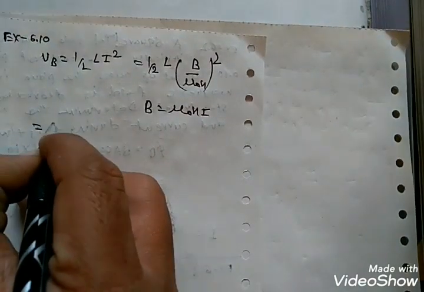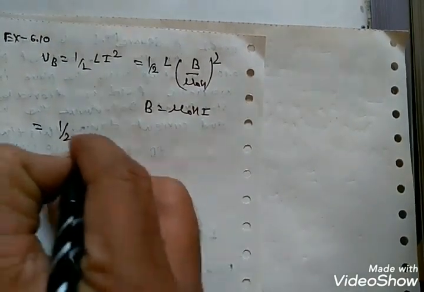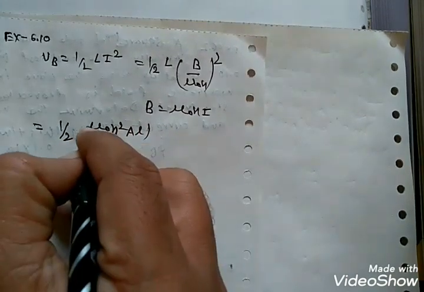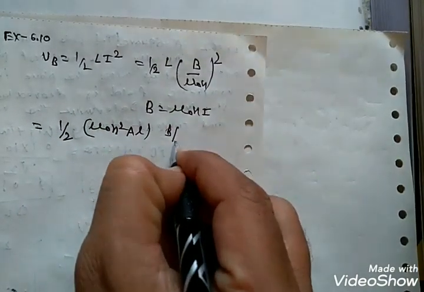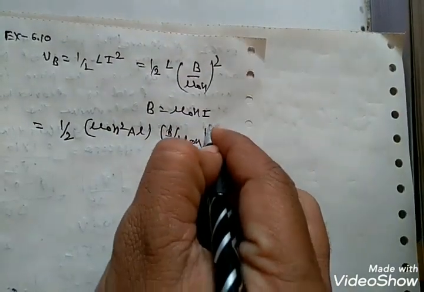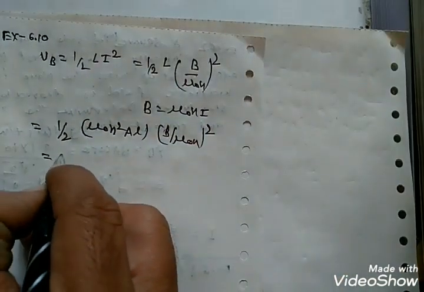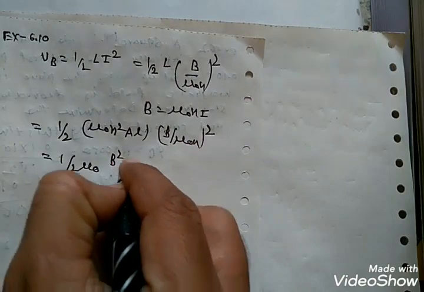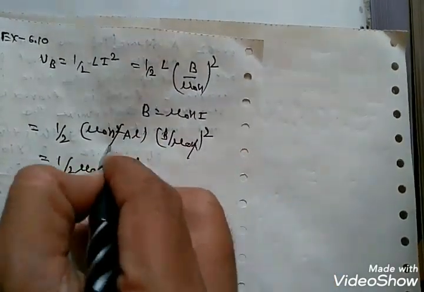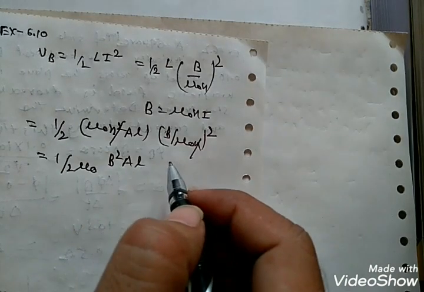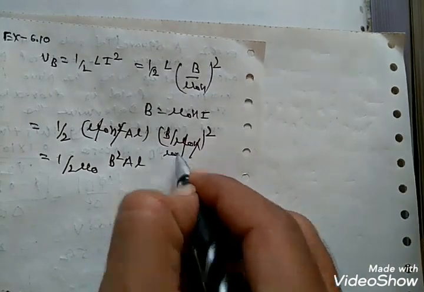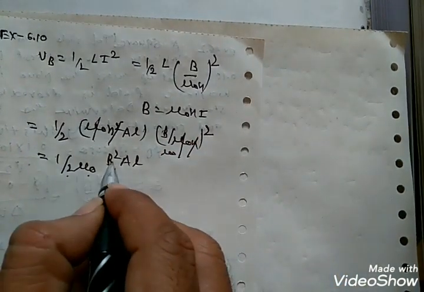So it is 1 by 2 mu 0 N square A l into B square upon mu 0 N square square. The N square terms cancel, leaving only mu 0, so UB is 1 upon 2 mu 0 B square A l.